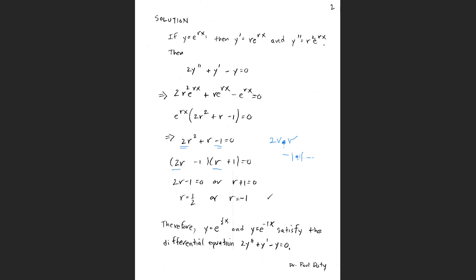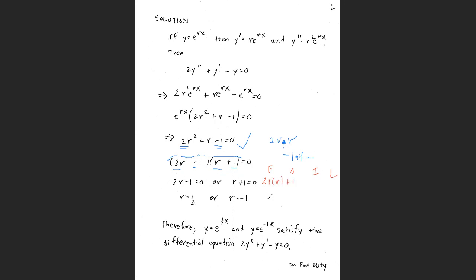So here's a negative 1, here's a positive 1, and if you FOIL this out, you will get this particular polynomial equation, right? Remember how to do FOIL? FOIL is first, outer, inner, last. So first would be 2r times r.